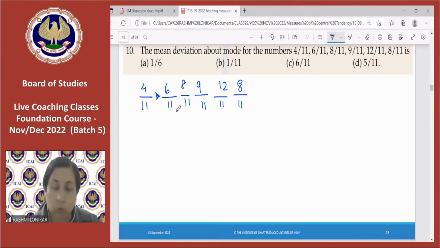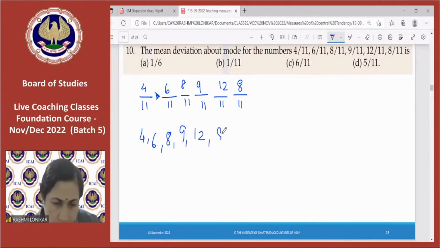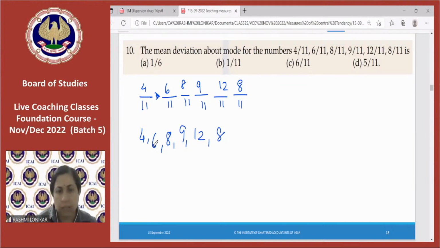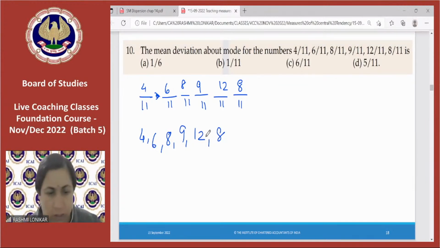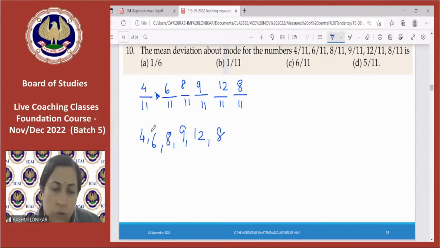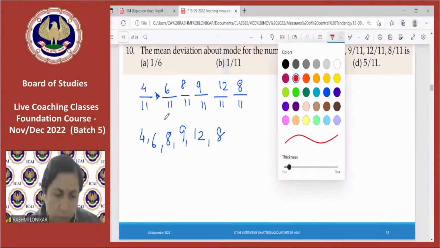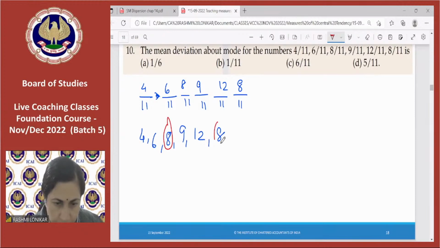Now, you can use it this way also, or you can just consider for now 4, 6, 8, 9, 12, 8. We are just considering the numerator because I can see all the denominators are same. So this is just for my understanding. Which is the number that is repeated most? 4 is repeated once, 6 is once, 8 is 2 times.